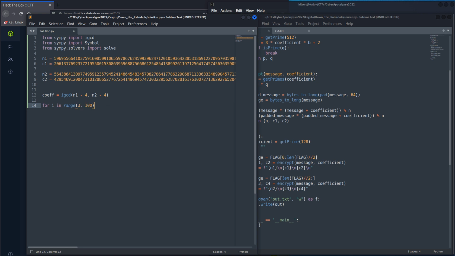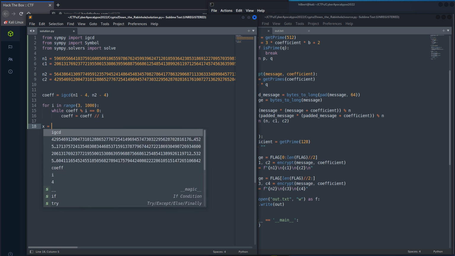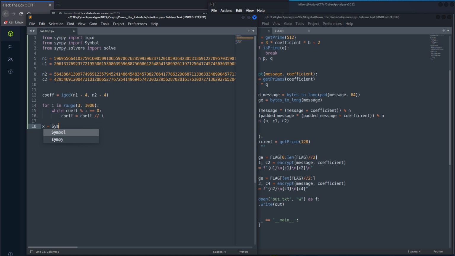It doesn't matter, it'll be super fast. So that basically is just going to factor out any small factors from that. So what we're going to be left with is the actual coefficient. And then we can just solve that quadratic equation using SymPy.